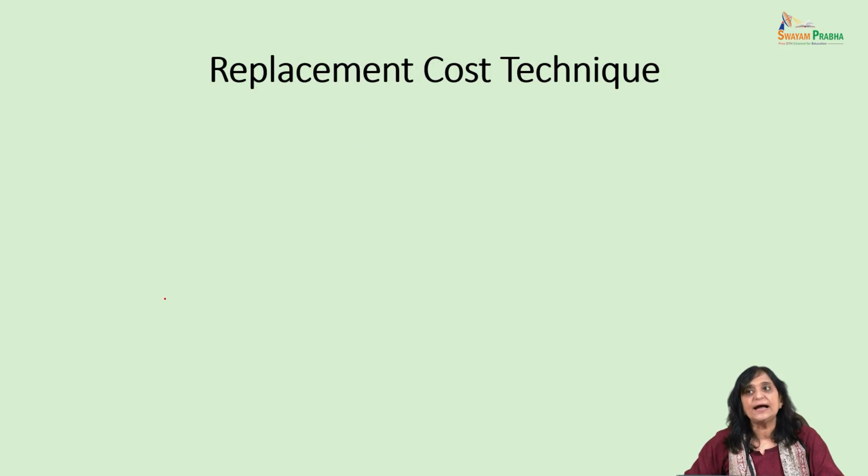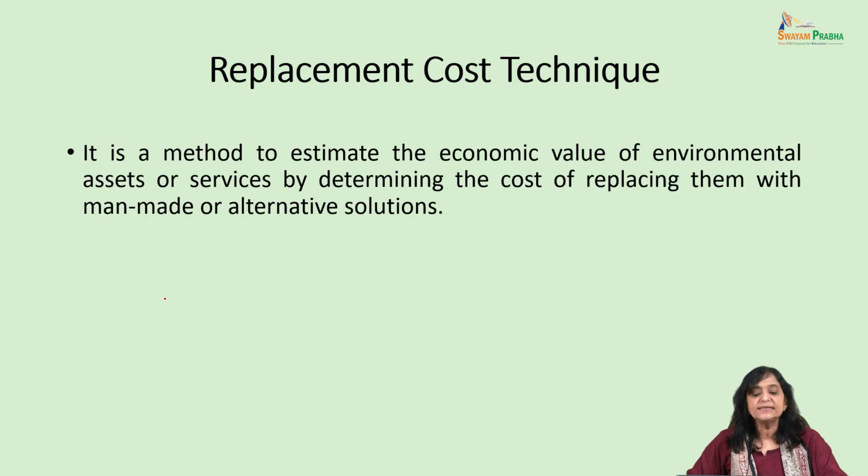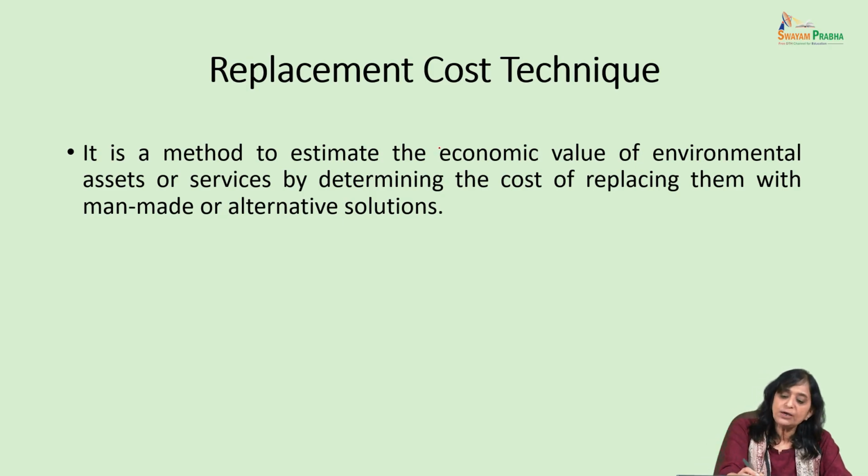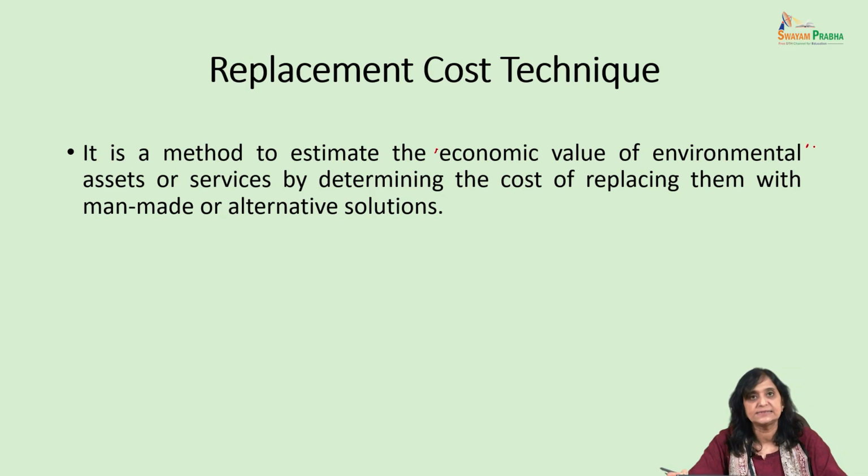The second method that we have in the market cost based method is the replacement cost method. As the name indicates, this method estimates the economic value of environmental assets or services by determining the cost of replacing them with man-made or alternative solutions. That is, we are going to give a monetary value to the environmental assets, goods or services.